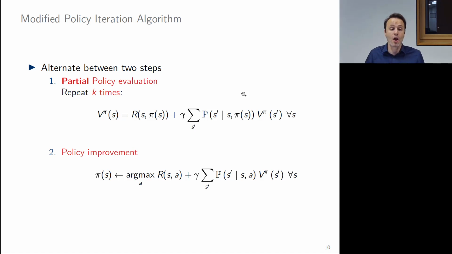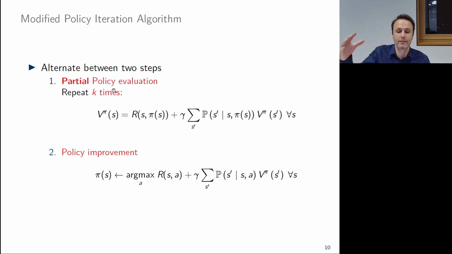Now, given this complexity and convergence properties, it's not clear which one is better, value iteration or policy iteration. So we can actually combine both to have something called the modified policy iteration algorithm, which is the best of both worlds. So here we alternate again between two steps. But the steps are now a little bit different because we only do a partial policy evaluation up to k times.